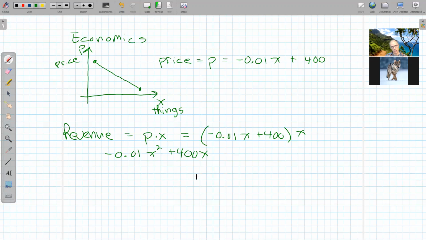Now, profit is the money that you make after you take away your costs. So if we look at cost here, so we can get to profit, let's say we know a formula for cost, and it's $100 per item, and there's a $10,000 startup to get things moving, to get things built. So that's our cost. And then profit is just revenue minus cost.